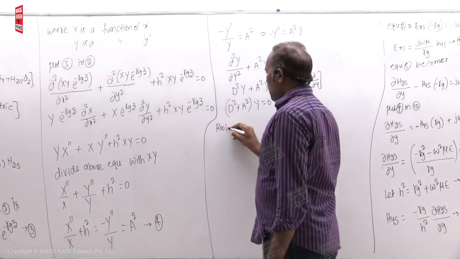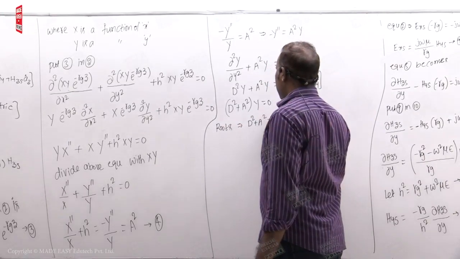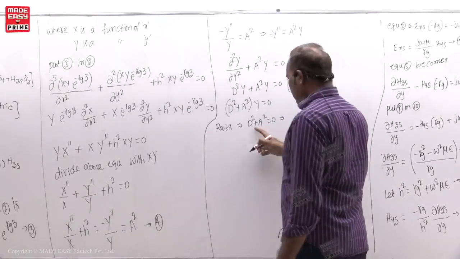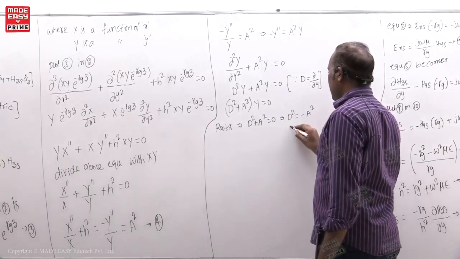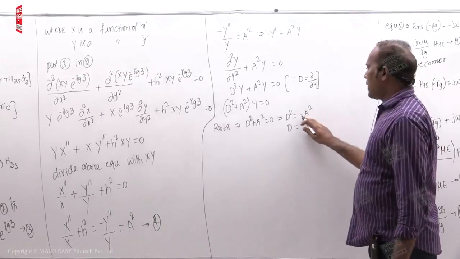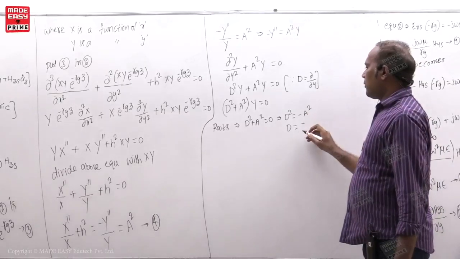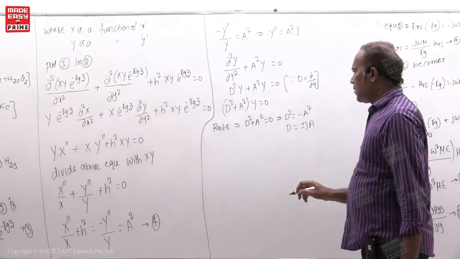Now the roots: D square plus a square is 0, that means D square is minus a square. So D is j square, this minus 1 is j square. So the roots are D equal to plus or minus j into a.